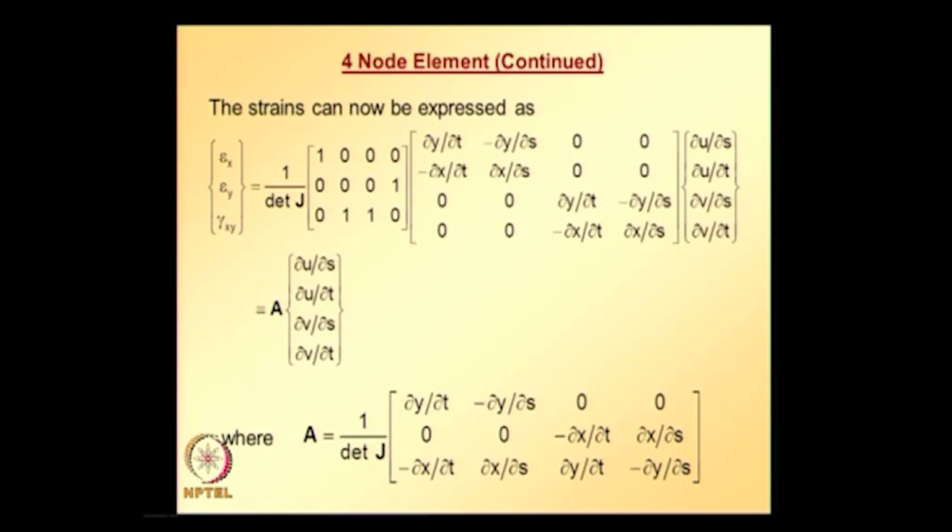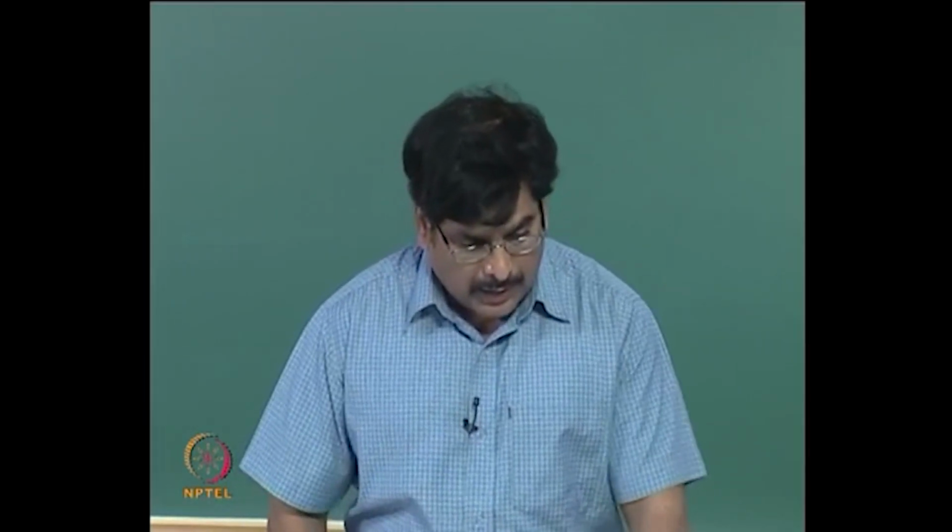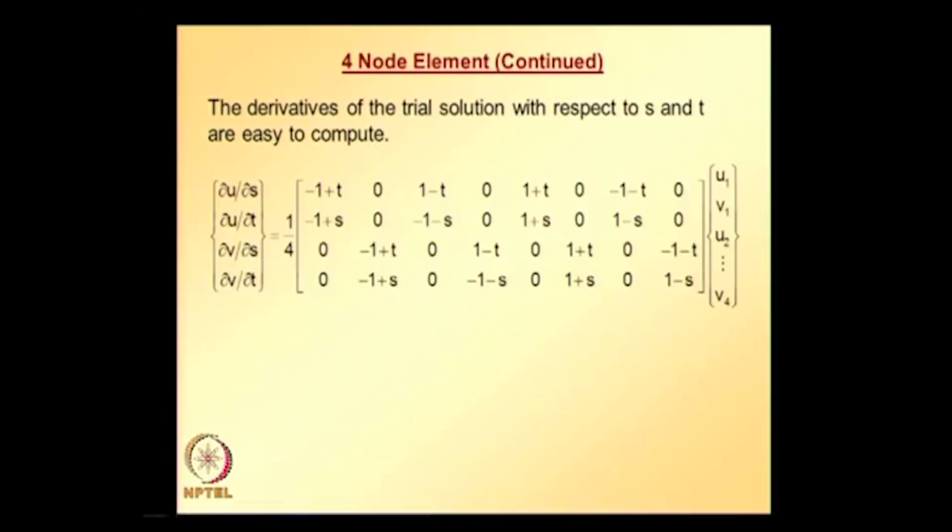Here if you see the A matrix, the vector beside the A matrix consists of derivatives of the trial solution with respect to S and T, which can be easily calculated because the trial solution is a function of S and T, because the shape functions are functions of S and T. And this can be done in this manner, that is, the derivatives of the trial solution with respect to S and T can be obtained through this equation, which can be compactly written like this.